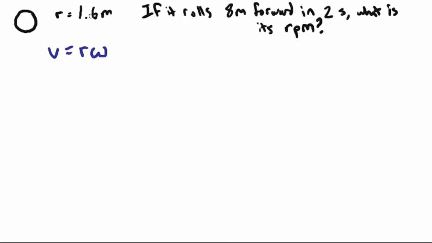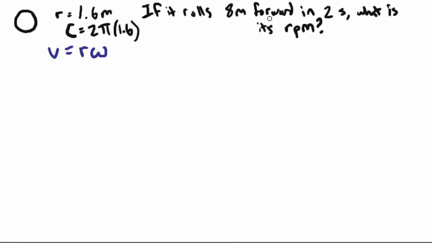So first of all, known information, things I know. My radius is 1.6 meters. So I know from this that my circumference is going to be 2 pi times 1.6. Okay, I also know 8 meters in 2 seconds.